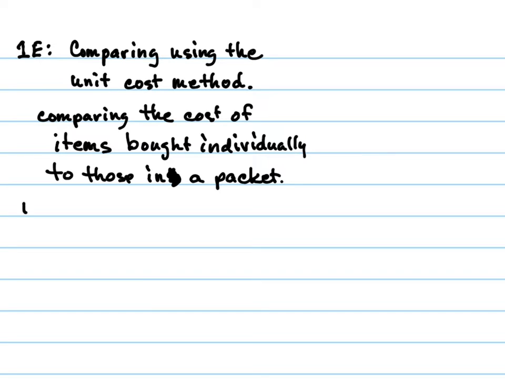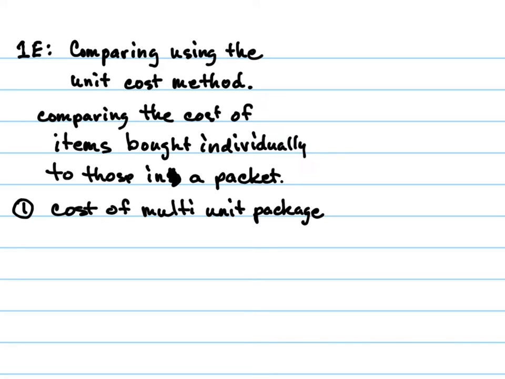So let's talk about the steps. The first step is to determine the cost of the multi-unit packet. It could be a box, it could be a bag, it can be whatever, okay? Or it can just be a buy 3, get 1 free kind of deal, something like that. So first determine the cost of the multi-unit packet.